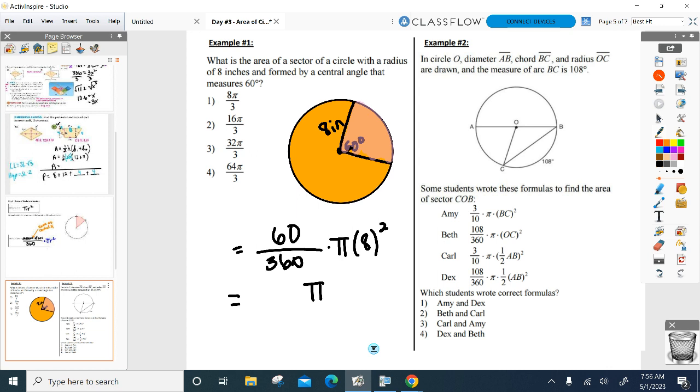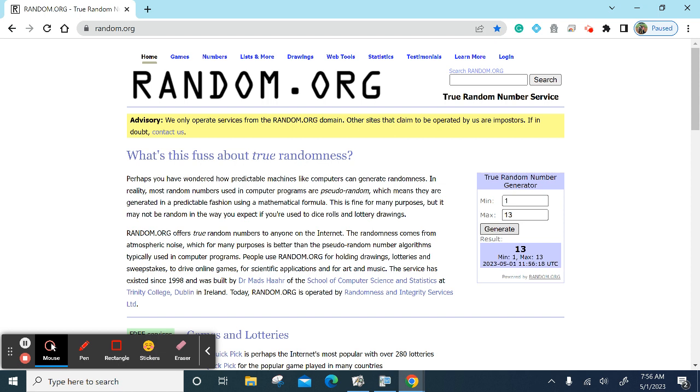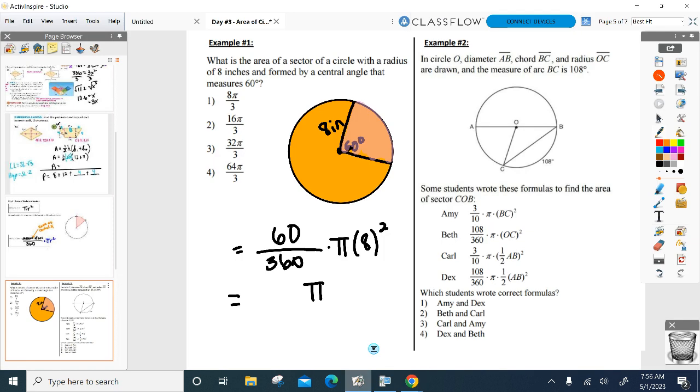In terms of pi, what do you have in your calculator? 32 pi over 3. Good work. So there's the area of that sector right there: measure over 360 times pi r squared.